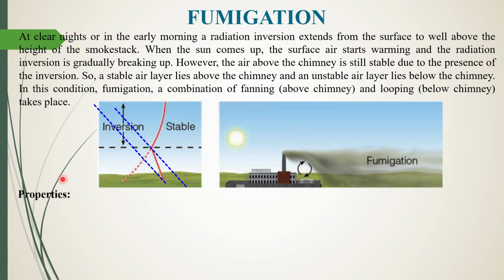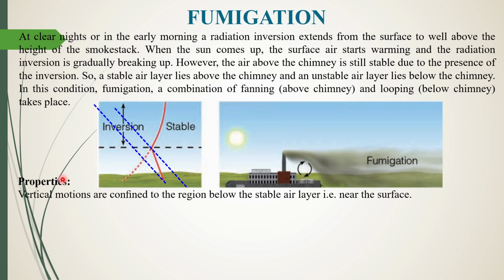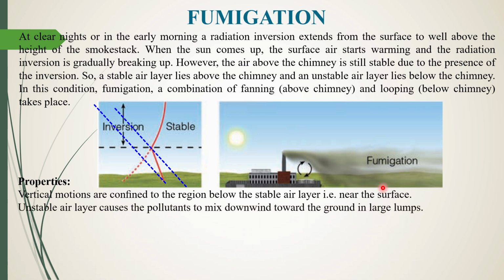Now the properties. Vertical motions are confined to the region below the stable air, that is near surface. So vertical mixing is confined to this unstable region, and unstable air causes pollution to mix downwards and towards the ground in large lumps, which is very near the source.